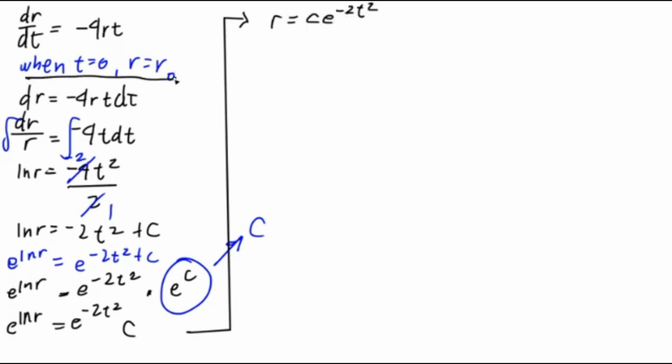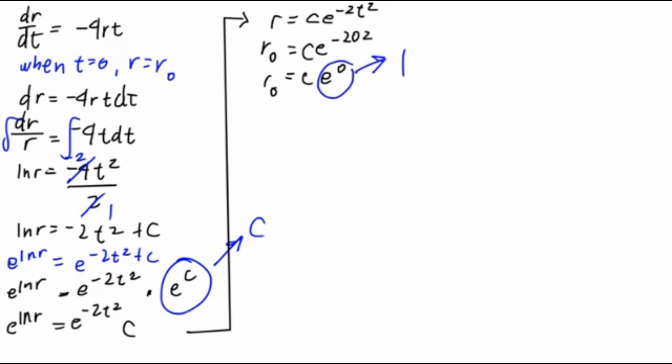So, may conditions tayo. I-substitute natin. So, magiging siyang r, magiging ro is equal to c e raised to negative 2, t is equal to 0 squared. So, ito magiging e raised to 0. Since ang e raised to 0, equal yan sa 1, magiging na siyang 1.